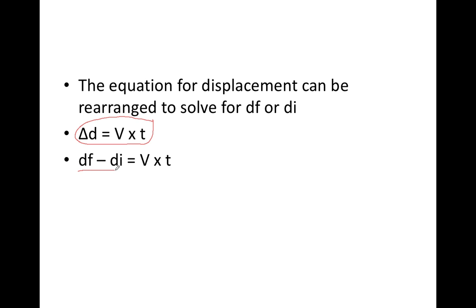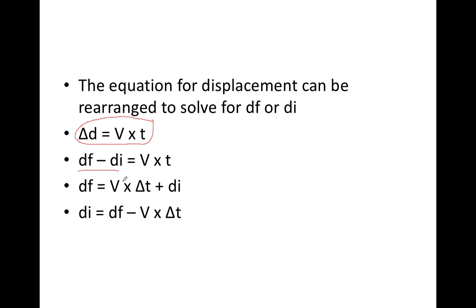And then we're just plugging in the equation for displacement and substituting. And then we can rearrange this. We add D initial to both sides. So we get D final equals V times delta T plus D initial. Or we can rearrange this for D initial. D initial equals D final minus V times delta T.